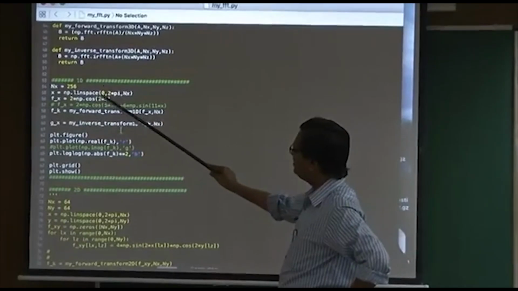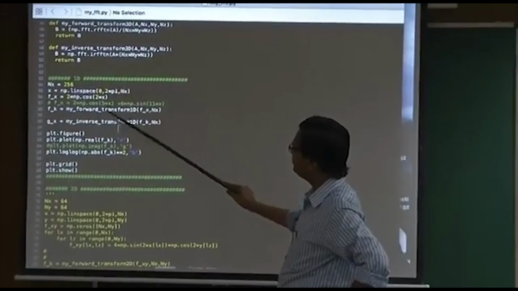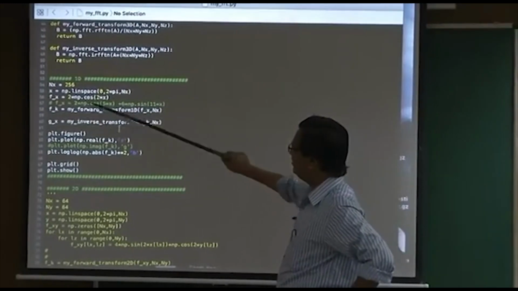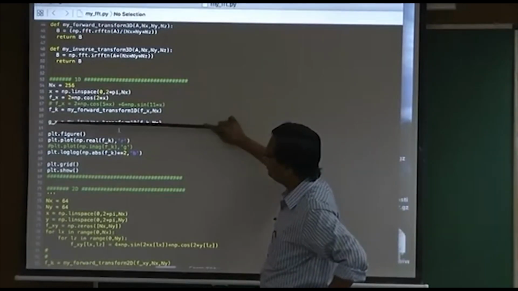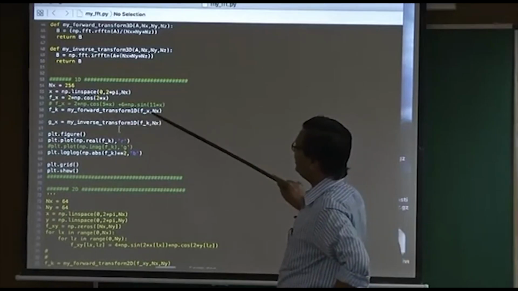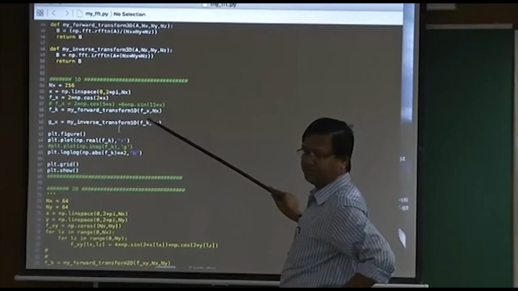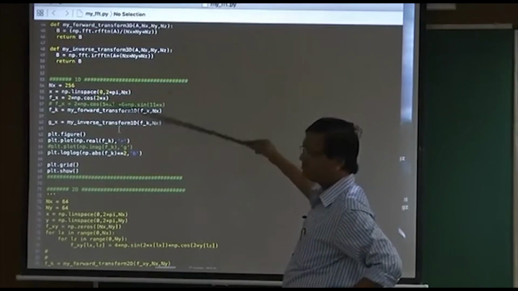So, this is my fx, this is my x, I divide into nx points. In fact, we are not worrying too much about this, this is not used in this code. Fk is the Fourier transform. So, I just call this with fx and nx, but this in turn is calling the NumPy library.